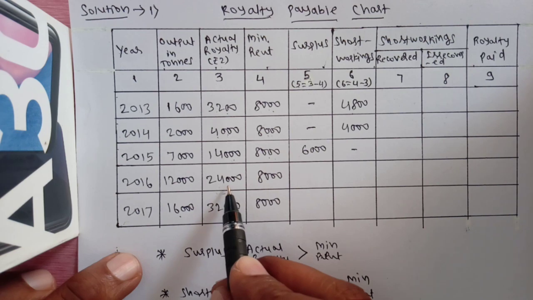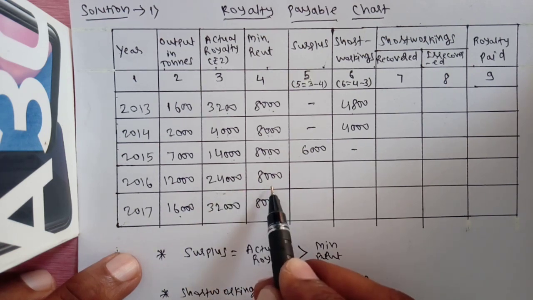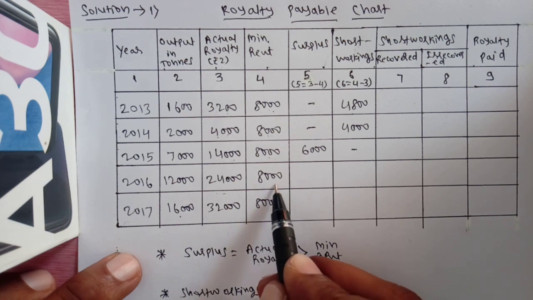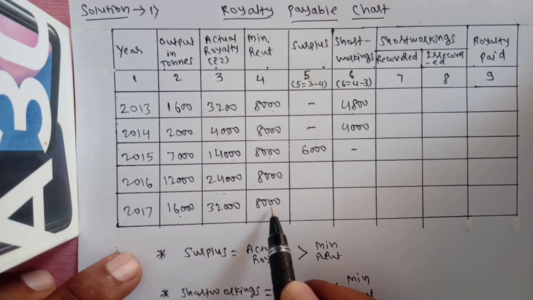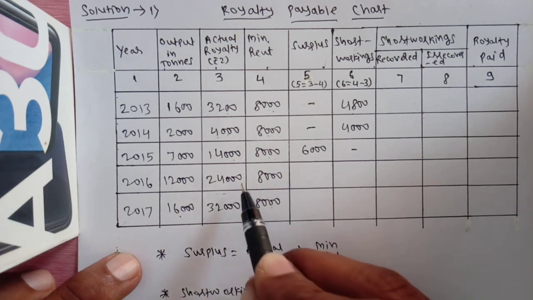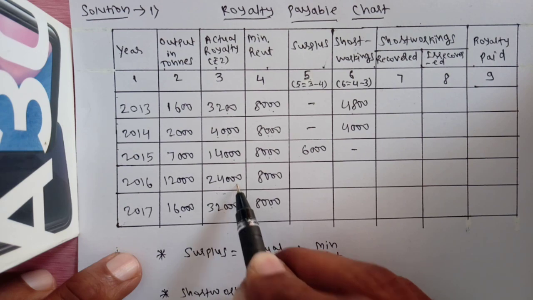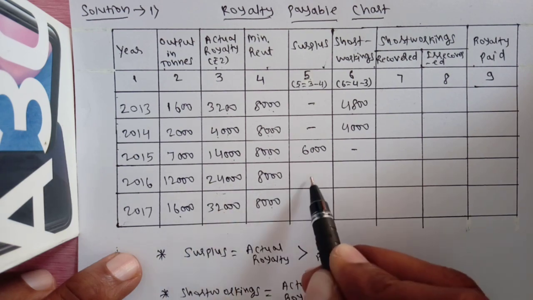Next, see here 24,000 and here 32,000, with minimum rent 8,000 in both. Over here, 24,000 actual royalty is more than minimum rent, so surplus exists.